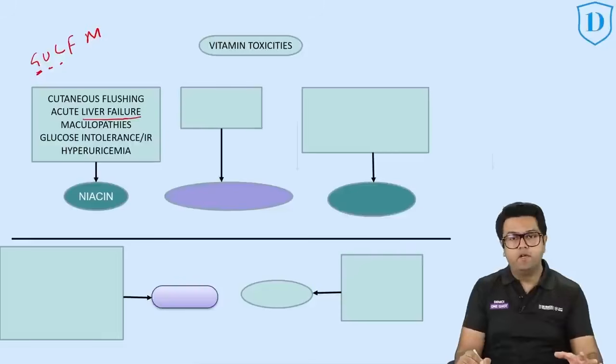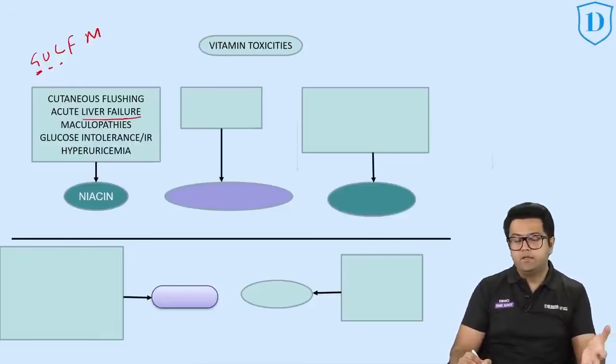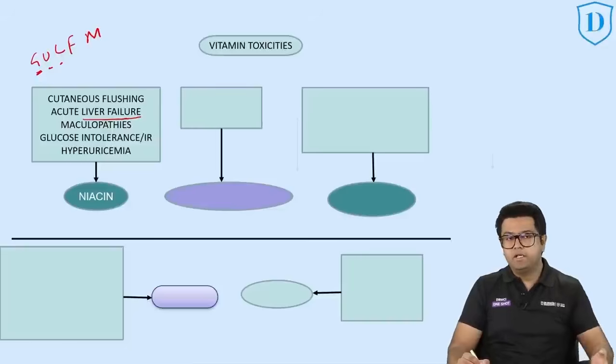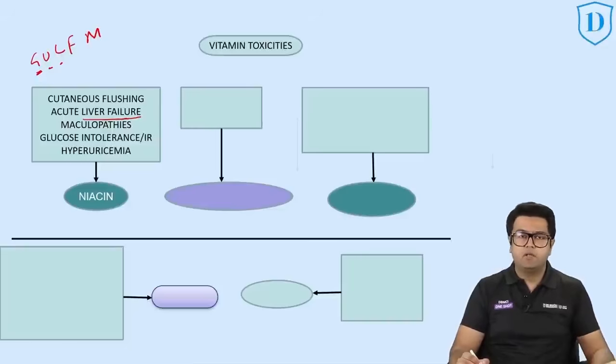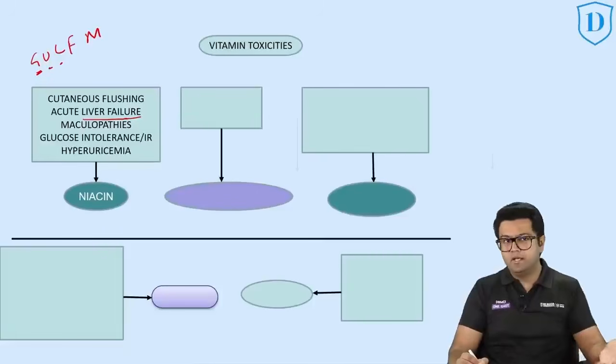Acute liver failure is the most dangerous complication. That is why nowadays the high doses of niacin are not preferred even to increase the HDL levels, right? This is one of the major uses of niacin in high doses, that is treatment of dyslipidemia, and especially what kind of dyslipidemia? When the HDL levels are low. But the side effect profile is more risky, right?